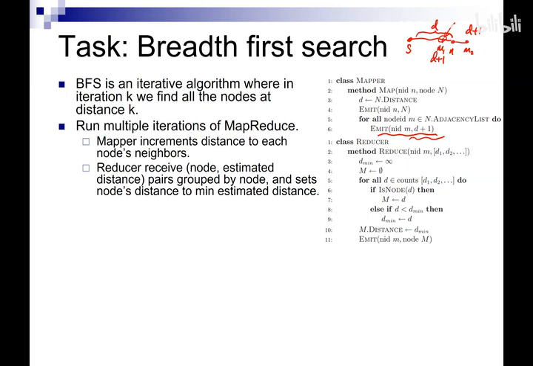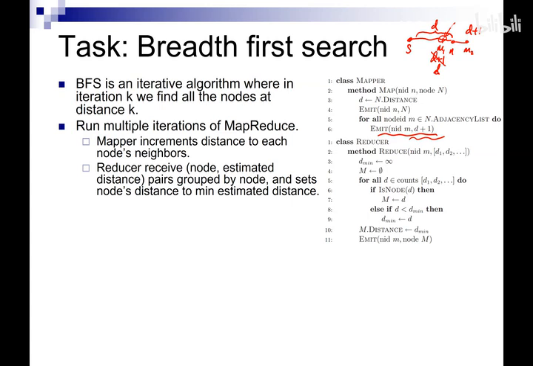And so we're going to take the minimum claimed distance for M1 and use that as the actual distance for M1. So we're going to fix up the D plus 1 and still end up using D as the distance for M1.